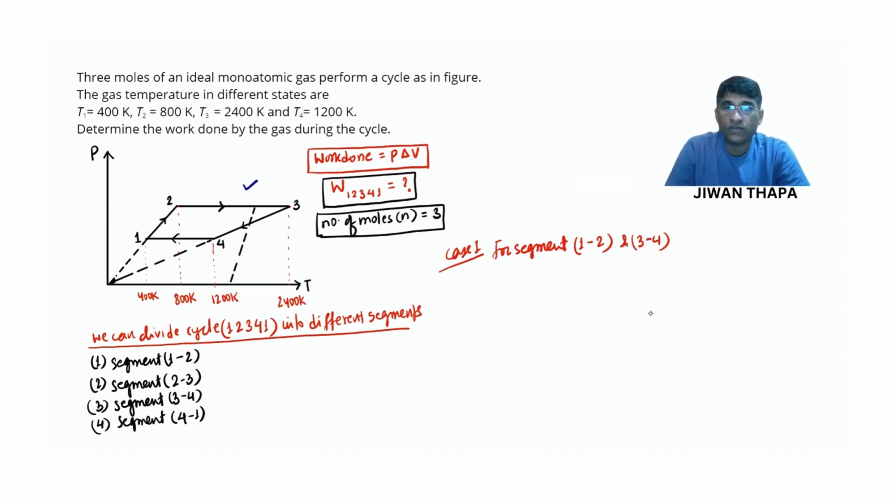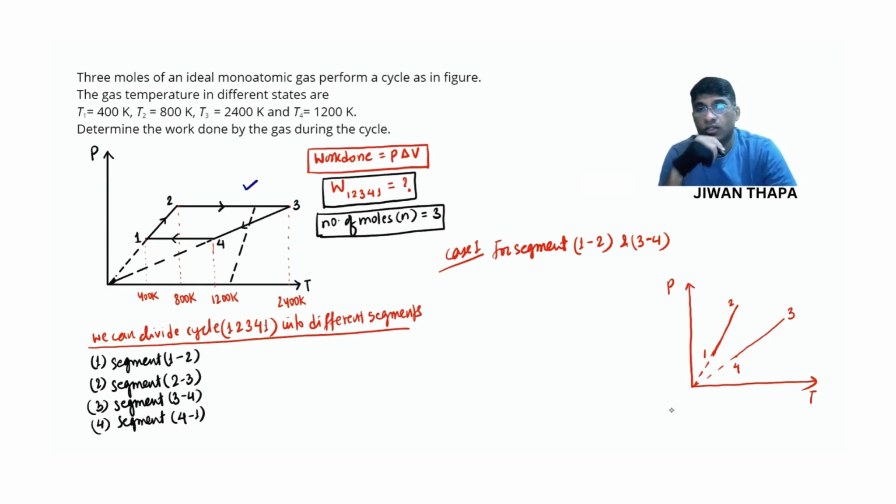Let's understand with reference to this diagram also. So I'm redrawing this diagram. We have segment 1, 2, which is a straight line, and next we have segment 3, 4.